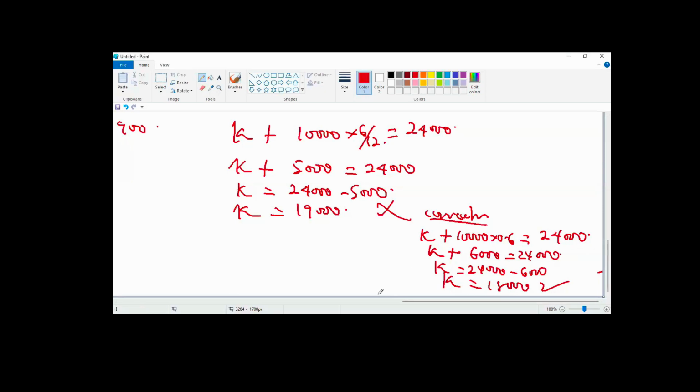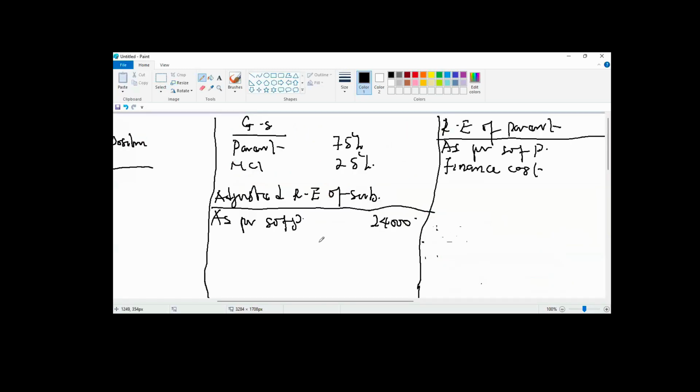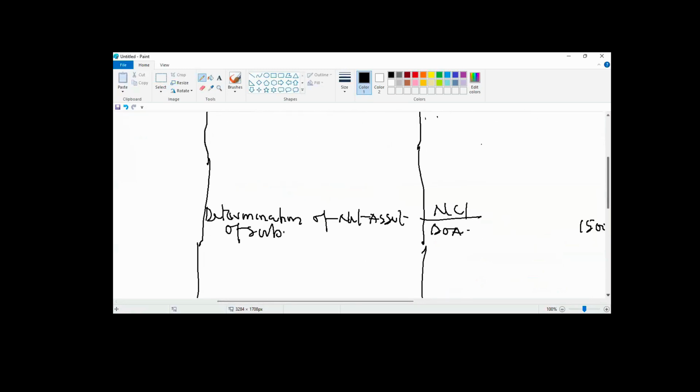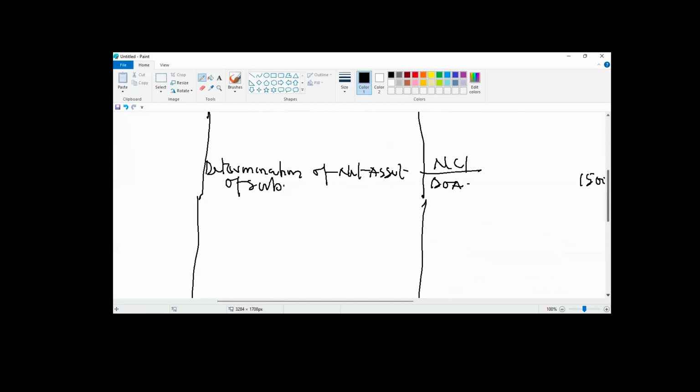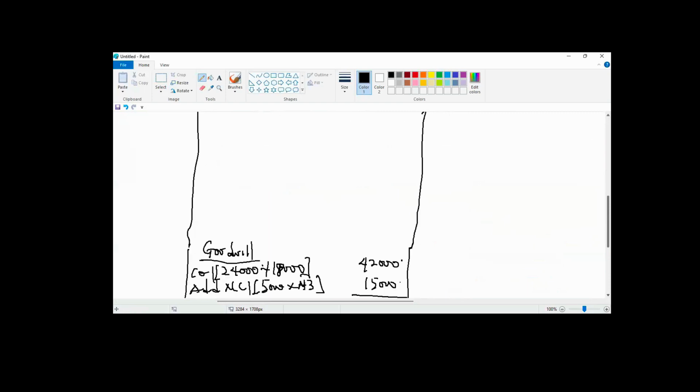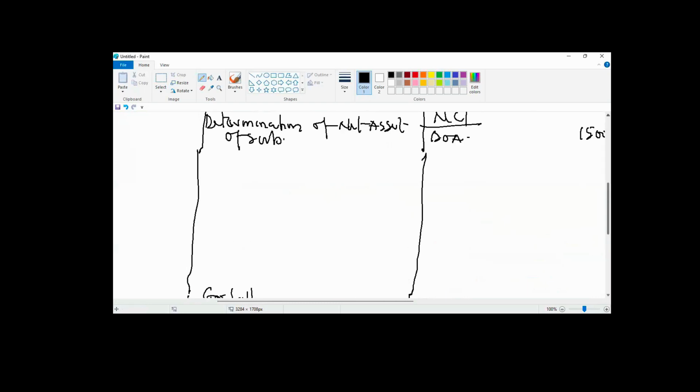Ask me a question, please. So what we are calculating, is it the pre-acquisition earnings of the subsidiary? Yes. Who do we acquire to determine the net assets? It is the subsidiary.